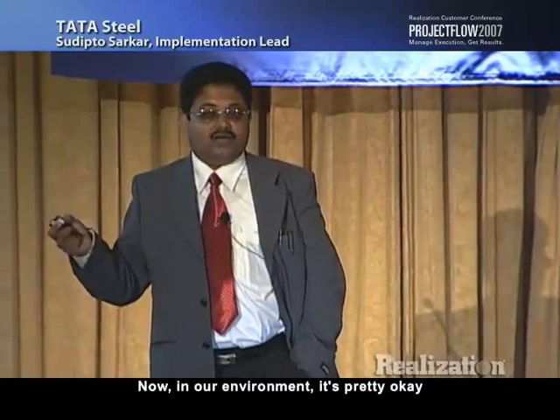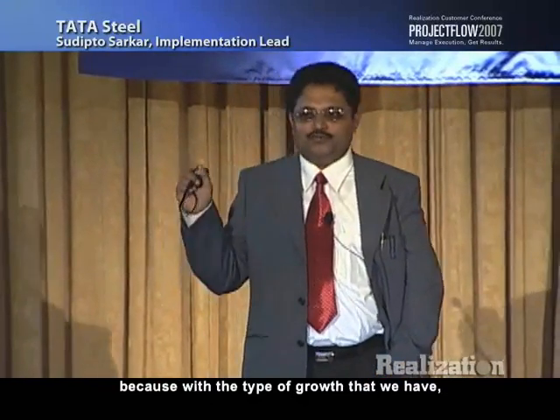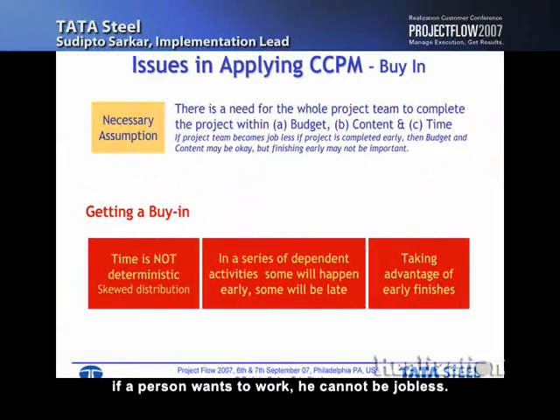Now, in our environment, it's pretty okay because with the type of growth that we have, if a person wants to work, he cannot be jobless. Now, but then there are issues. I mean, if the project team becomes jobless, then there's no reason why they would complete the project early.